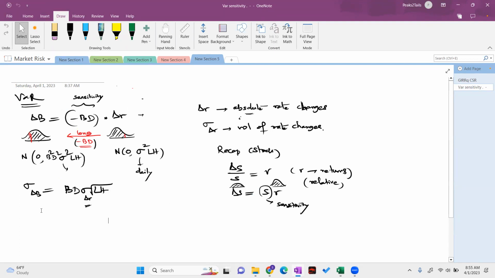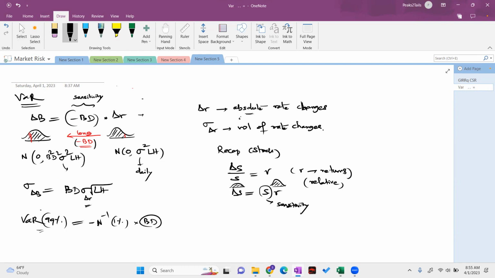Value at risk, 99%. N inverse, you can do 99% or 1%. If you do 1%, it will be negative, but we report value at risk as positive, so I can put a minus sign. Either way, it is symmetric, right? This is the deviate, and then sigma. Sigma is this BD times.